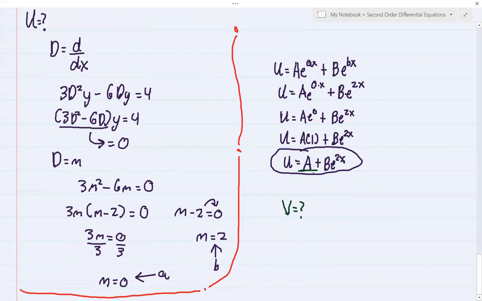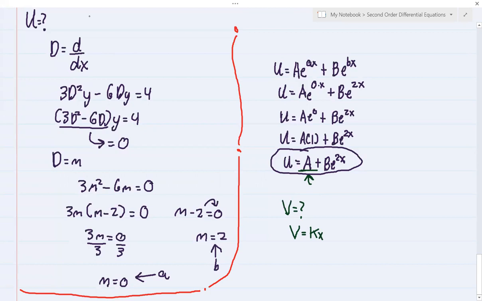Rather, it is just a constant term, because a and b here are both arbitrary constants. But as you can see, a acts as a constant term, meaning it doesn't exist as a coefficient or as a partner of the other function, but as a constant term only. Therefore, your v is equal to kx.